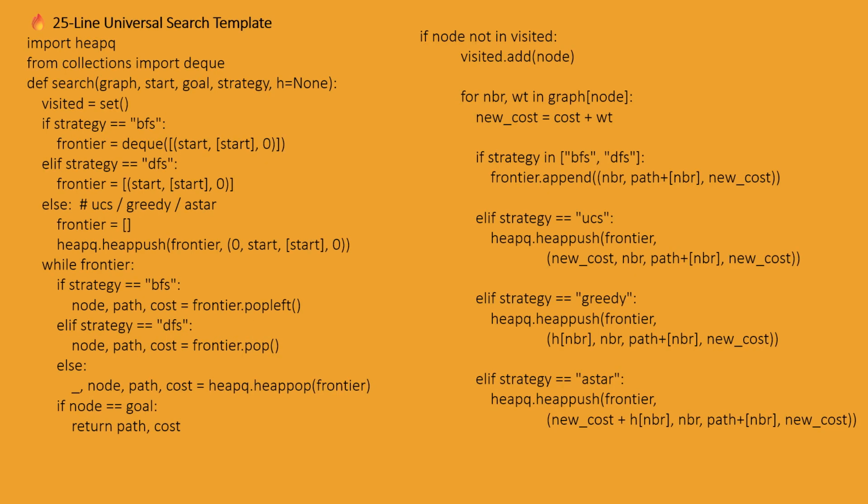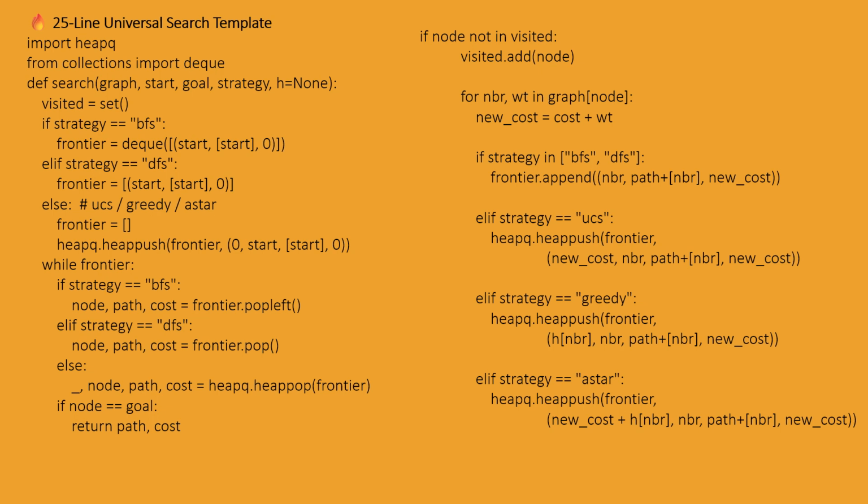This is a 25-line universal search template. If you face any difficulty in writing the code, if you want to memorize, I will not be in favor of memorizing the code. If you understand the concept pretty well, you will be able to write the code, at least the template.